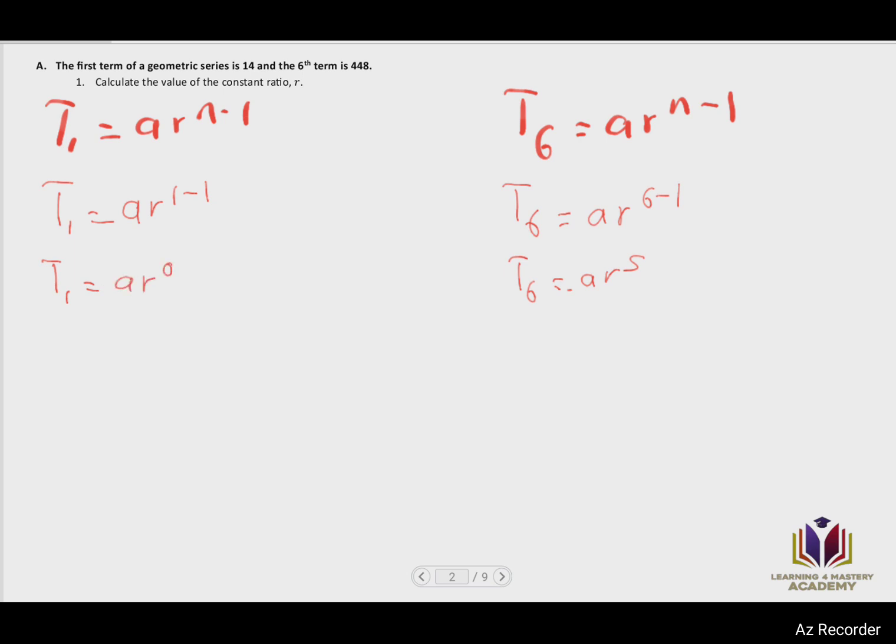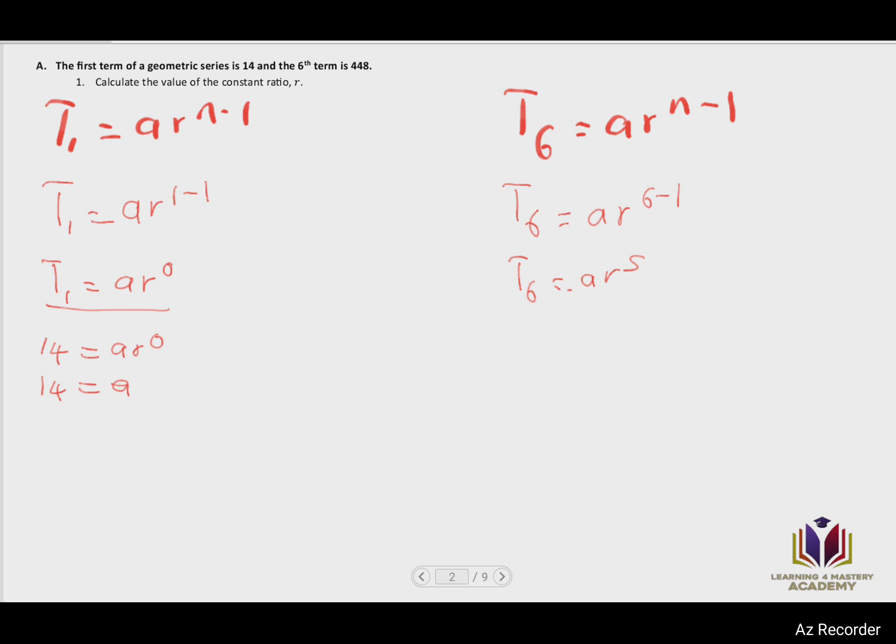Now, when you simplify this, it's actually going to give you T1 is equal to 14. So we have 14 equals A r to the power of 0. r to the power of 0, according to laws of exponents, is equal to 1. You multiply the 1 with the A, your A becomes 14. That's why they always say that A is the first term of the sequence.